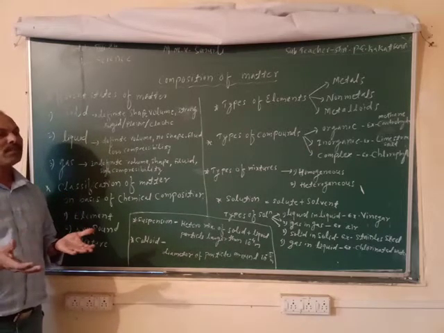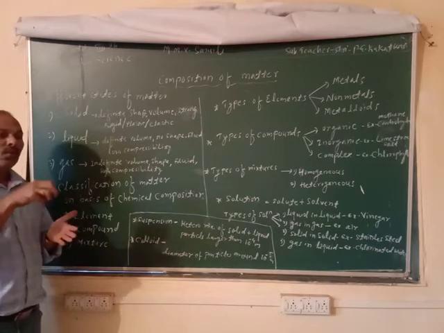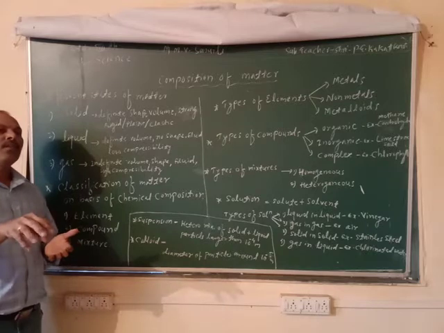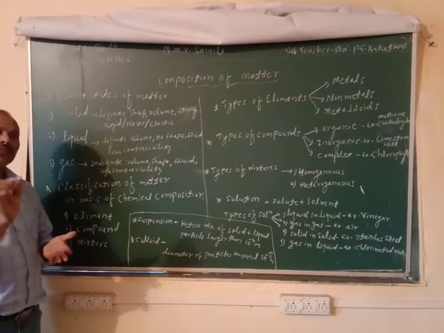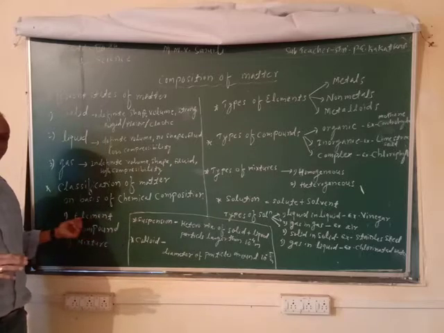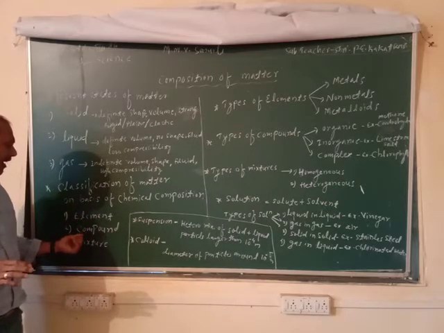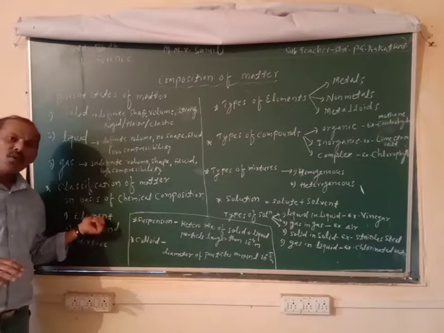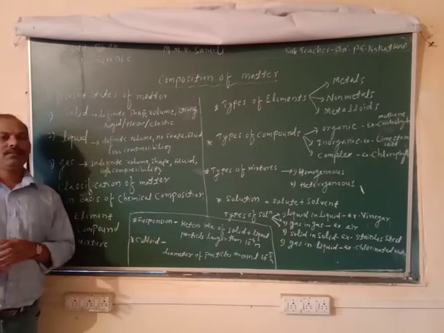Or suppose we have taken gold. Gold is an element, and it contains only the particles or atoms of gold. So these are the elements. Then compound. What is compound? Compound is made up of elements.